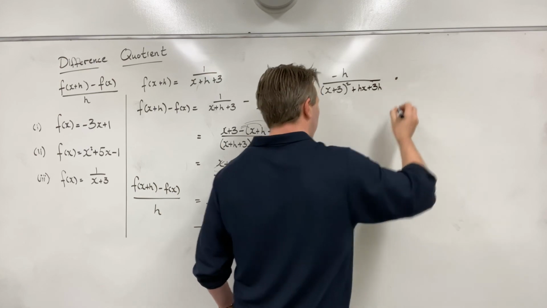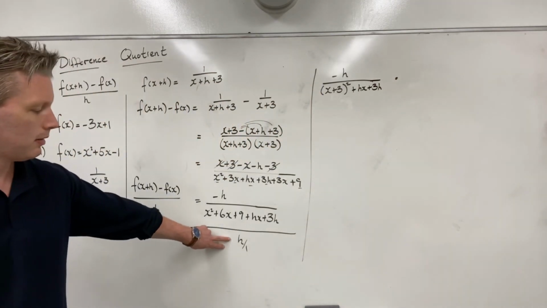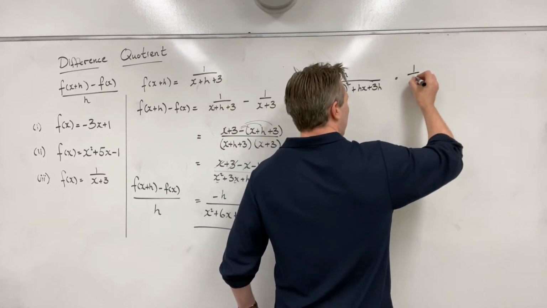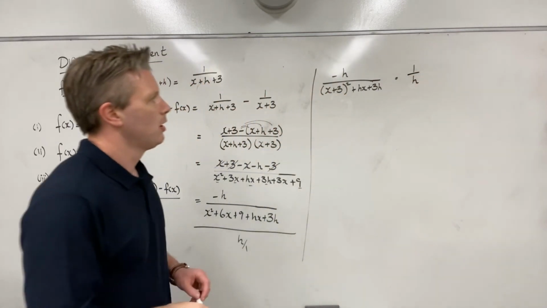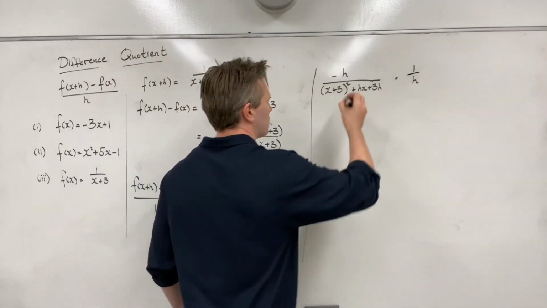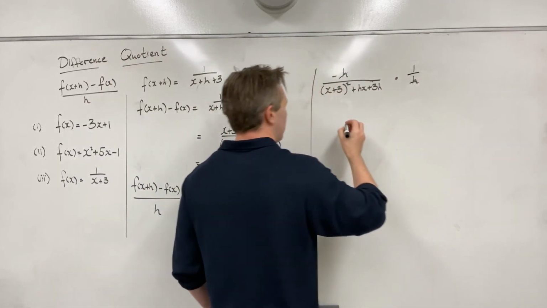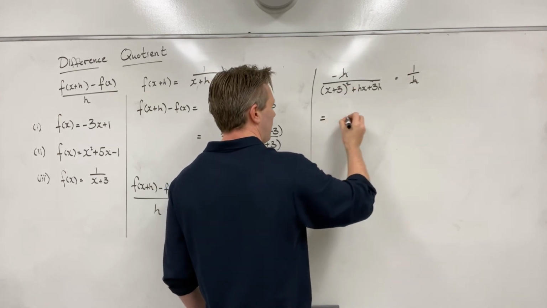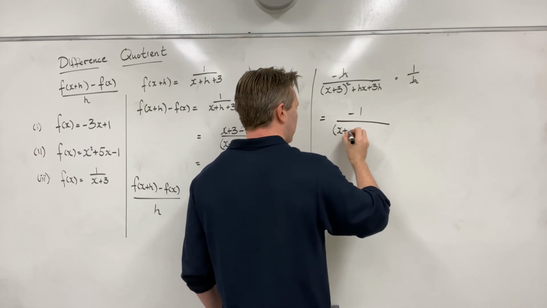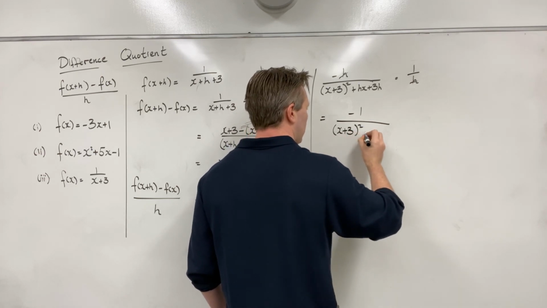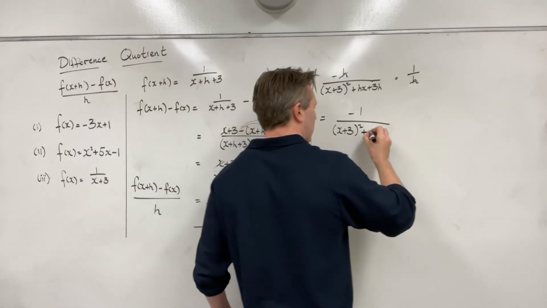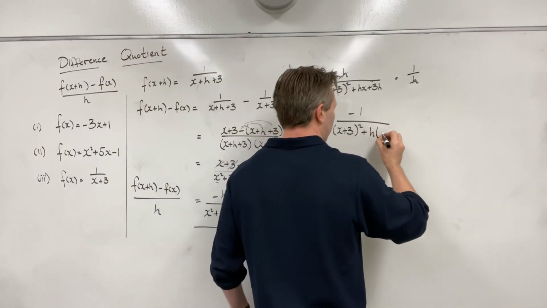And now I'm multiplying by the reciprocal, which is 1 over h. I have an h here in the numerator and an h here in the denominator, which will cancel. And so I will be left with, up on top, minus 1 all over x plus 3 squared plus, if I like, I could factor out an h out of here, and I have h times x plus 3.